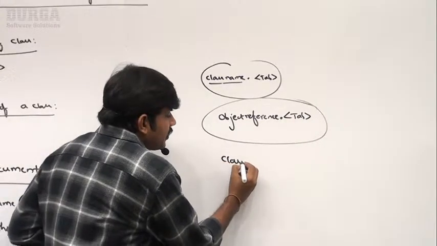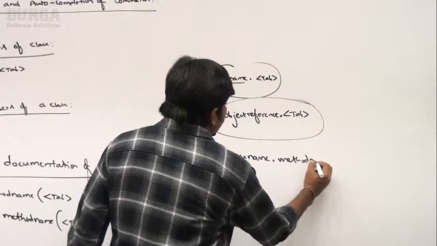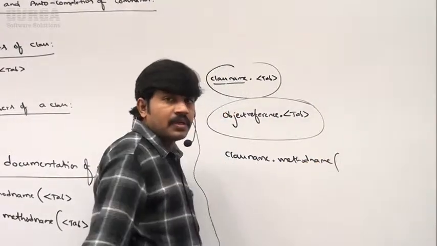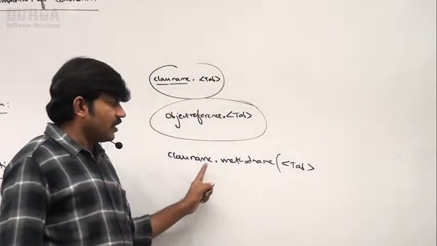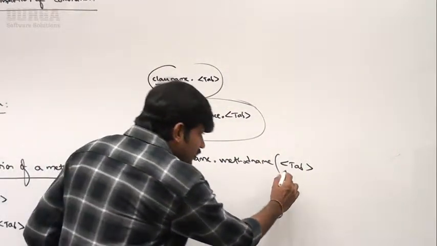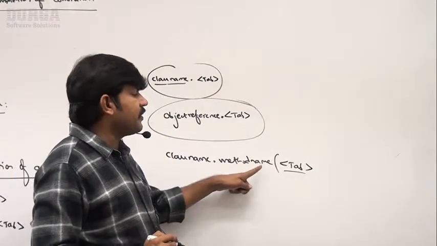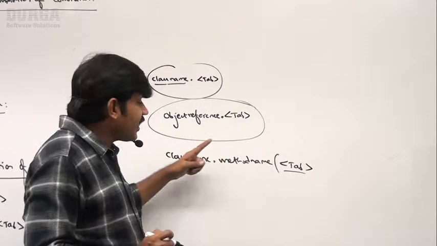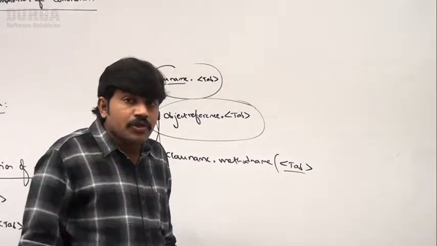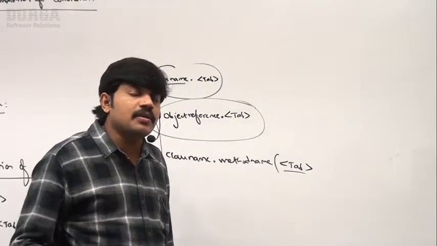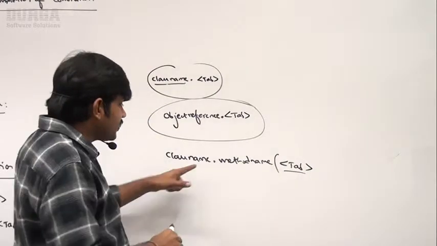Class name dot method name, bracket open, and then just type tab. Now it is going to tell which argument this method can take and which value this method can return. You can see the signature. If you want the complete documentation, press tab again. That is if it is a static method.